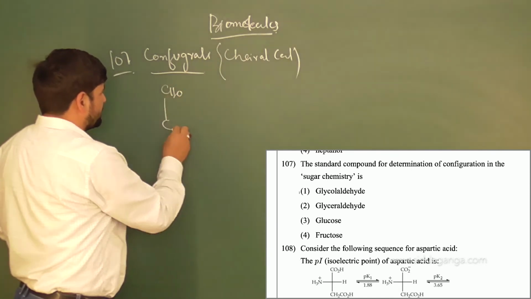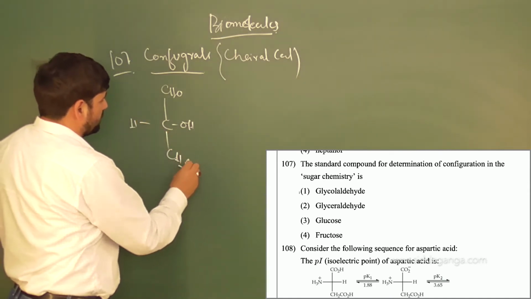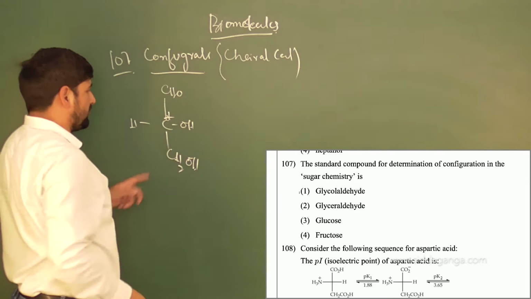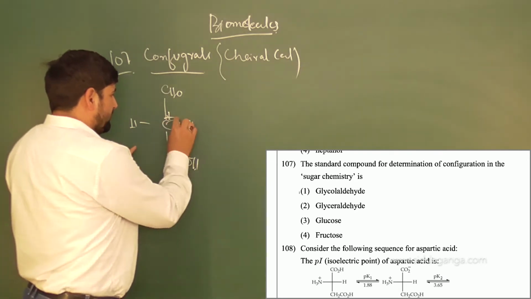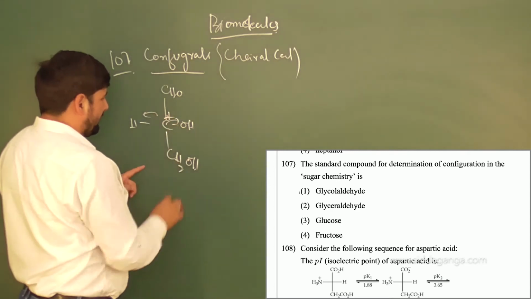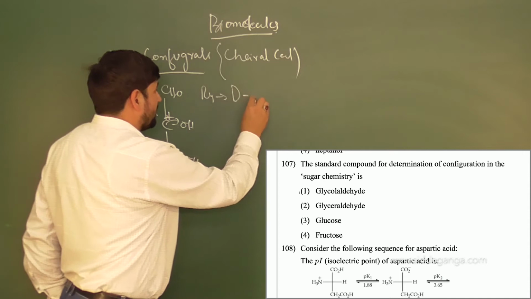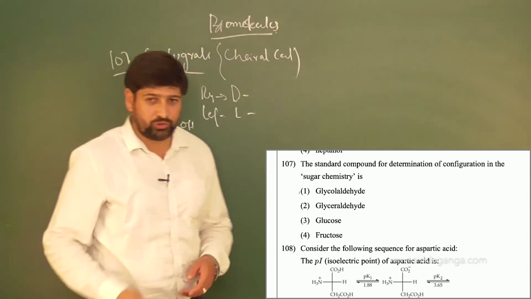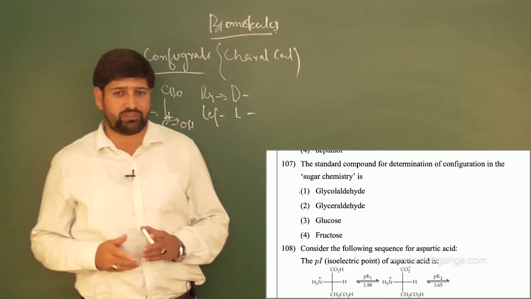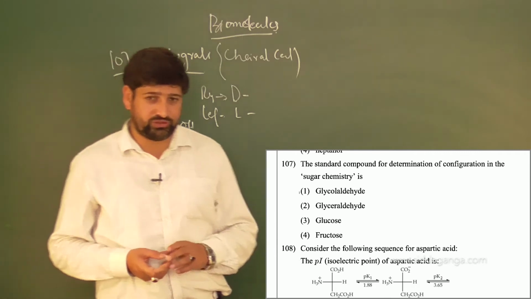That is CHO, CHOH, CH2OH. This is the only chiral carbon present in glyceraldehyde. On the basis of this, we see whether OH is on the right or left. If it is on the right side, we call that D configuration, and if it is on the left side, we call that L configuration. So the standard compound is which one? Glyceraldehyde.